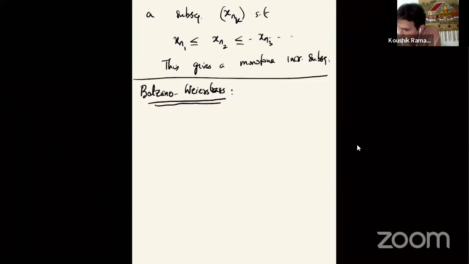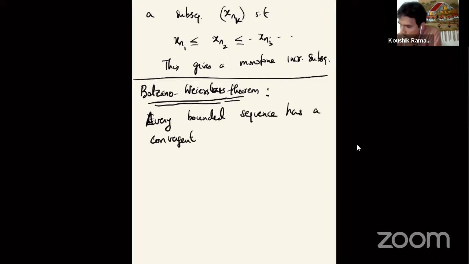Okay. So what is the Bolzano-Weierstrass? It's a theorem. It says that every bounded sequence has a convergent subsequence.